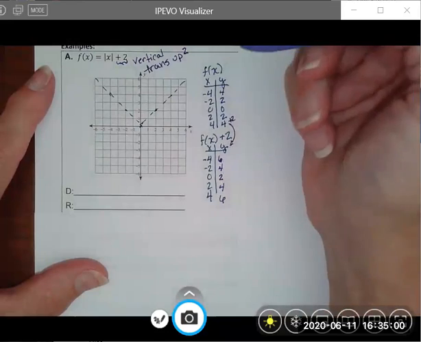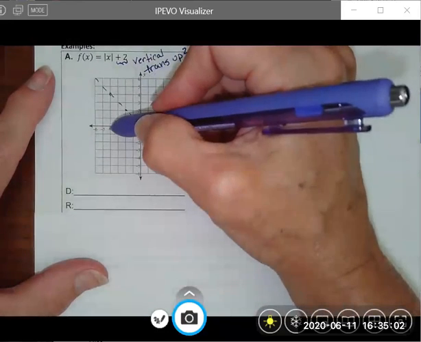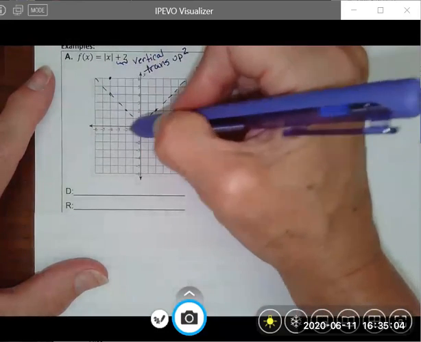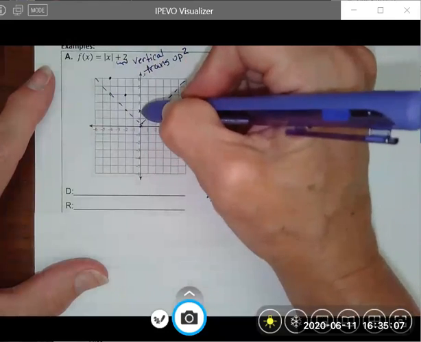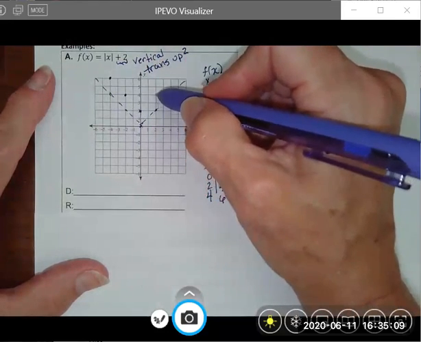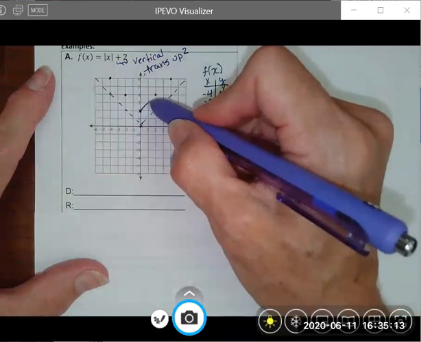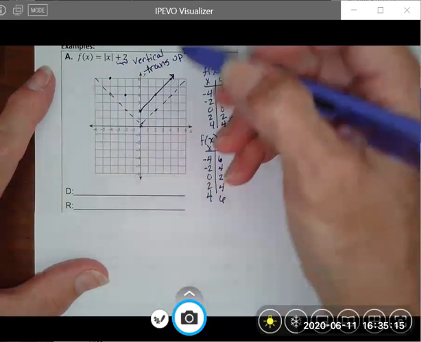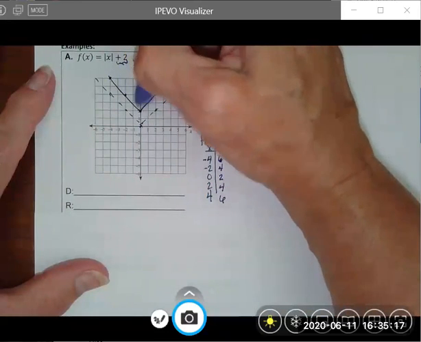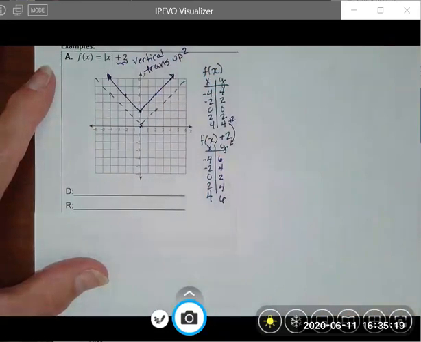And now I just need to plot these points. So I'm going to go over -4 up 6, over 2 up 4. And you'll see that, consistent with what we discussed last class, this transformation does not change the shape of my graph. It just slides it along the coordinate grid, moving it up 2 spaces.